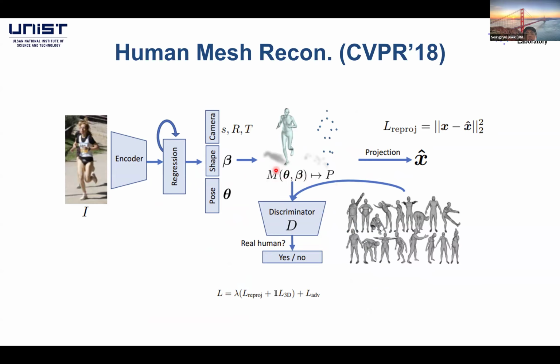This SMPL mesh can be controlled by these pose and beta shape parameters, and they can be mapped to the skeletons via the joint regressor, and can also be approximately projected to the 2D joint by multiplying some intrinsic parameters. And this becomes the 2D joint differentiably calculated from the 3D mesh. And this X means the ground truth of these skeletons.